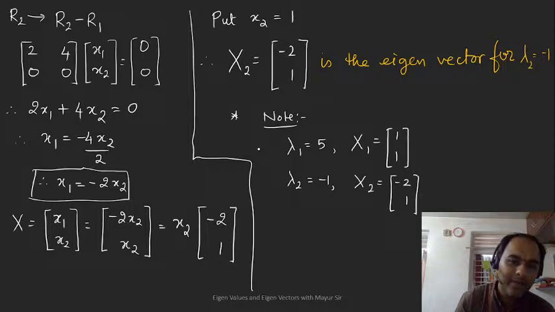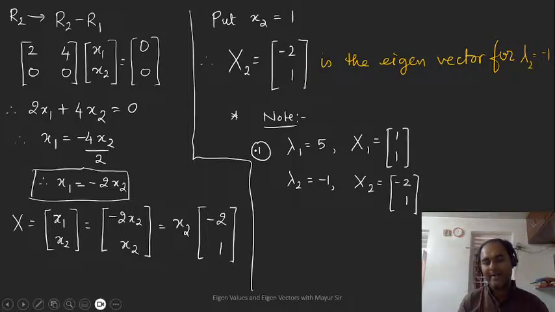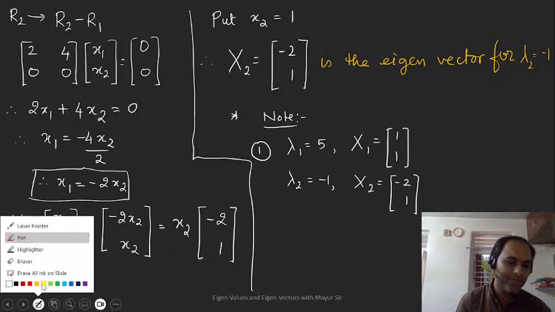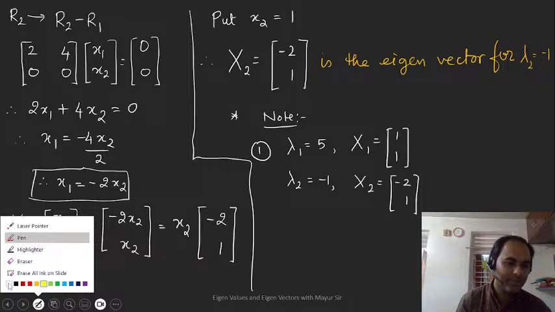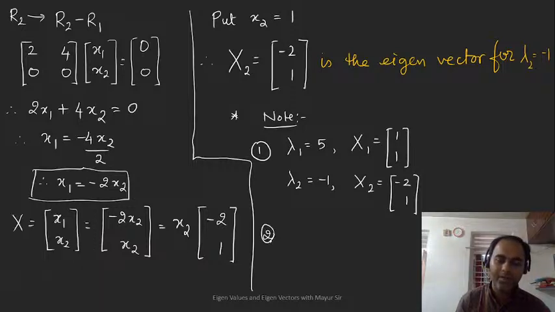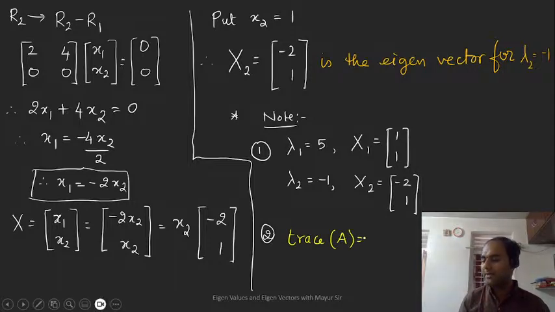Now there is one very important thing to understand regarding them. Please try to note this, and these are the famous properties. The first thing I would like to tell you is the property about the trace of the matrix. We had seen the trace of the matrix is 1 plus 3, which is 4, right?